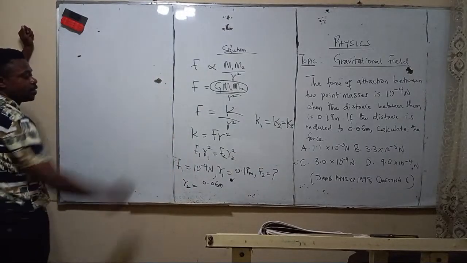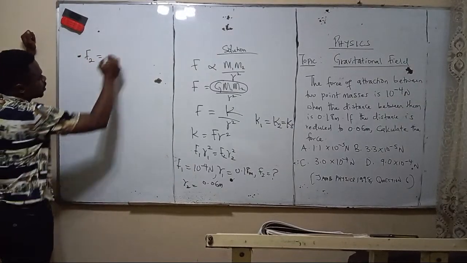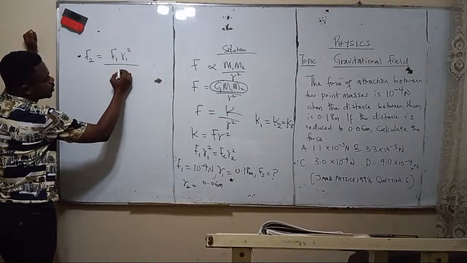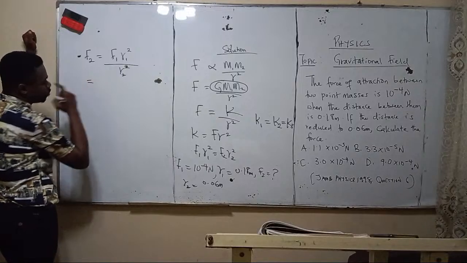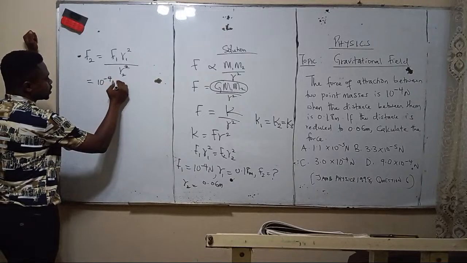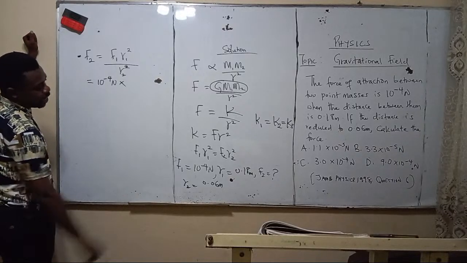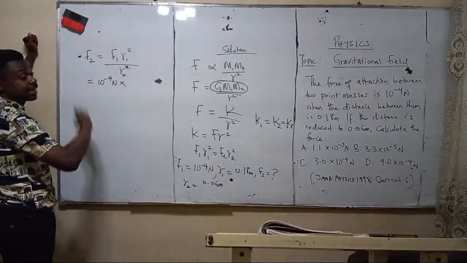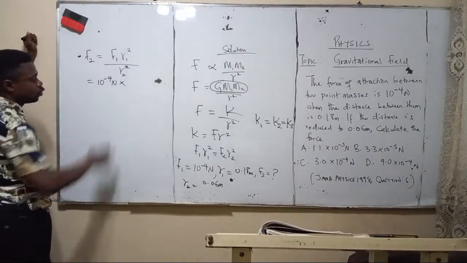Now let us make F2 the subject of the formula. F2 is equal to F1 R1 squared over R2 squared. F1 there is 10 times 10 raised to the power minus 4 Newton times R1 squared. R1 is 0.18, so R1 squared is R1 times R1. Let's do it that way so you can easily cancel out.